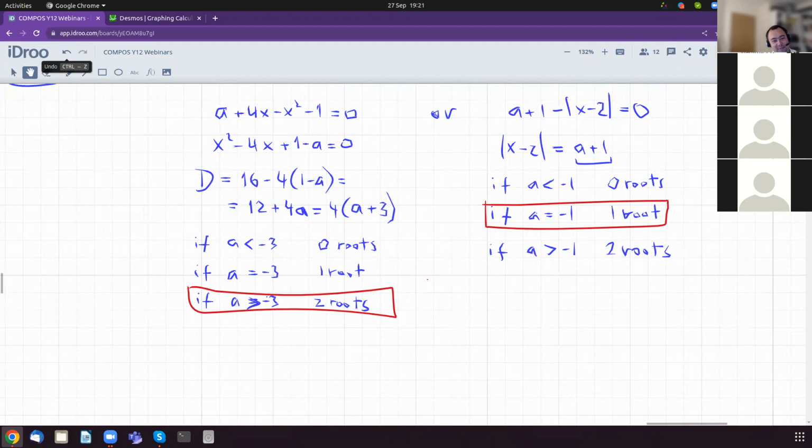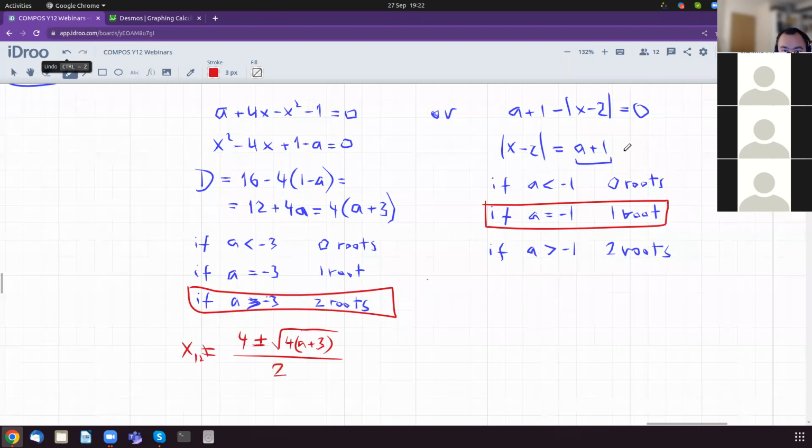And what can you do here? Well, I would actually try to find the roots. So here, x1,2 is equal to minus b, so 4, plus or minus the square root of 4(a + 3), over 2.